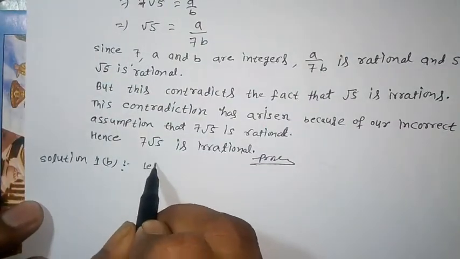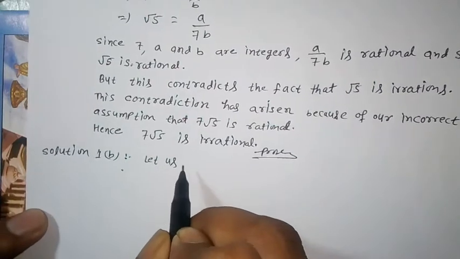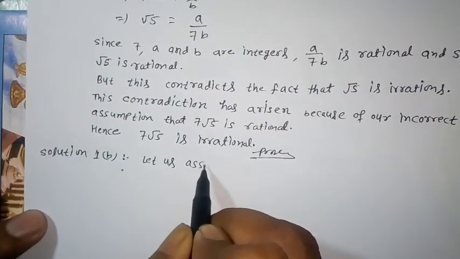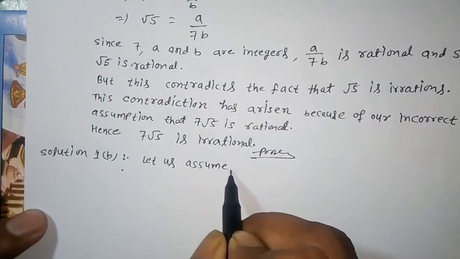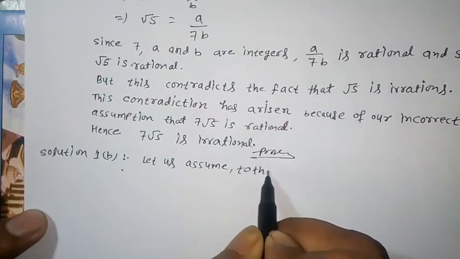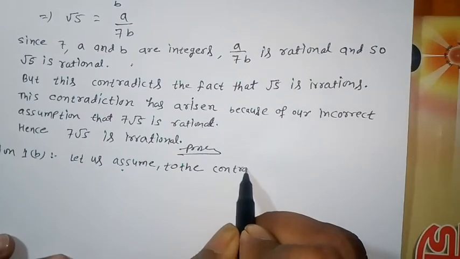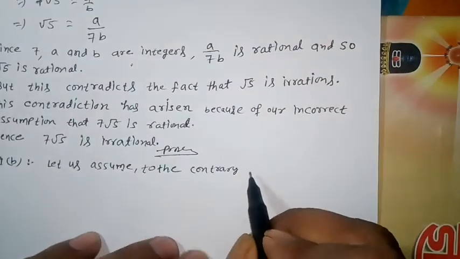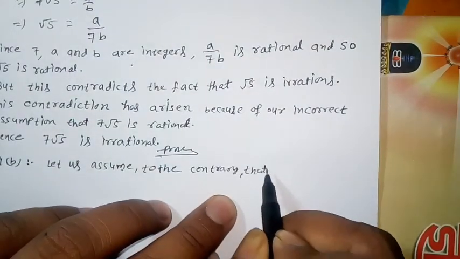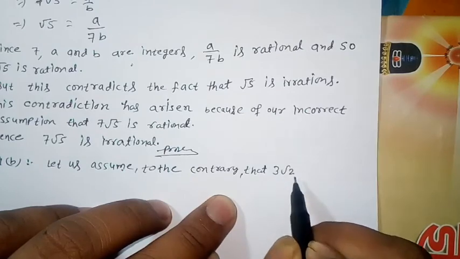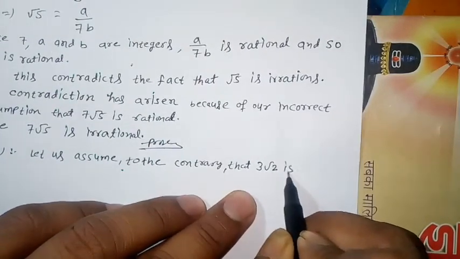Let us assume to the contrary that 3 root 2 is rational.